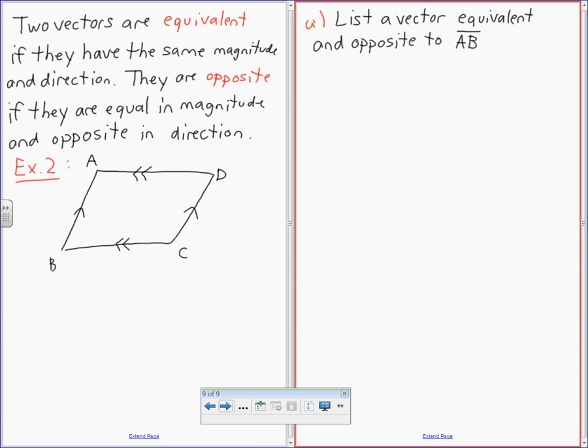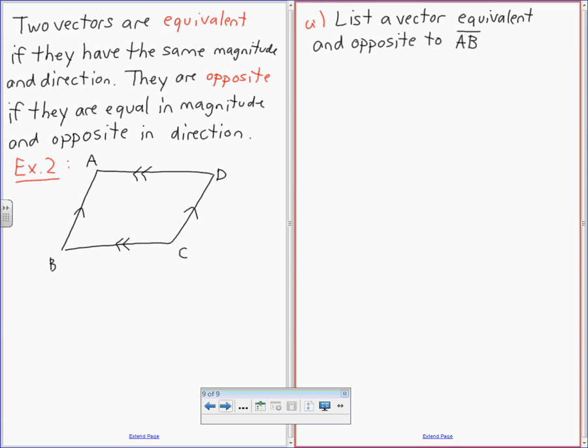Can someone be brave and tell me what equivalent means again? Go ahead. Same magnitude and direction. Now, even though my diagram is poor, and I apologize for that, what does a parallelogram mean? Yeah, two sets of parallel lines, right? Okay. So let's look at AB. What vector would have the same magnitude as that?